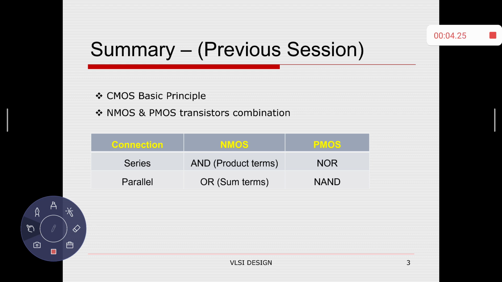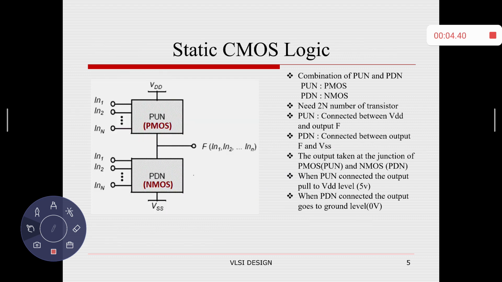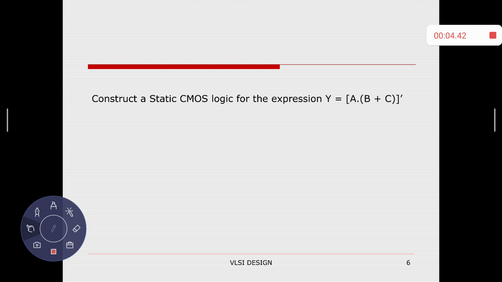A product term is implemented through NMOS transistors by series connection. For implementing an OR function, the NMOS transistors are connected in parallel. The given expression is a dot of b plus c, so b plus c is one OR term.